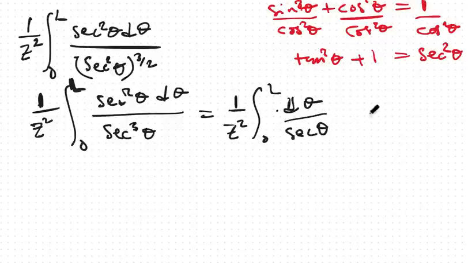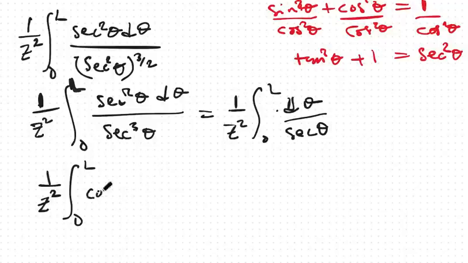But we all know that sec theta is 1 divided by cos theta. So in this case, this will be equal to 1 over z squared, the integral from 0 to L of cos theta d theta.